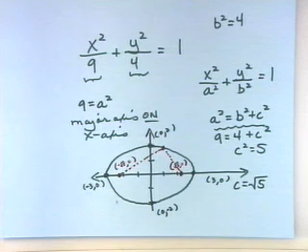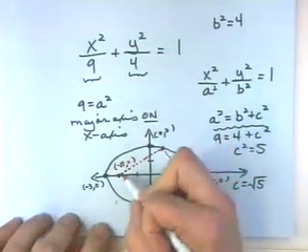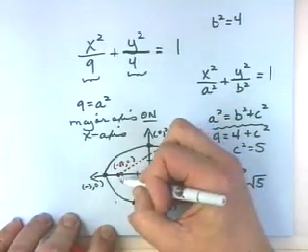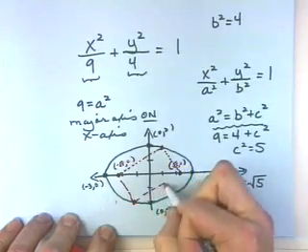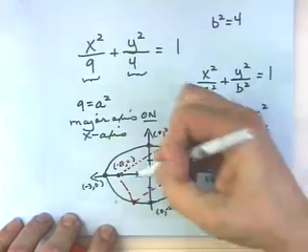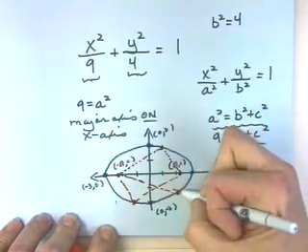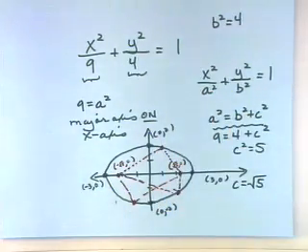Distance plus distance was what? 2a. What's 2a in this problem? 6. Right? So for every point on this ellipse, that distance plus that distance is 6. If this is a point on the ellipse, that distance plus that distance is 6. If this is on the ellipse, that distance plus that distance is 6. So that magic number for this ellipse is 6. Twice a.